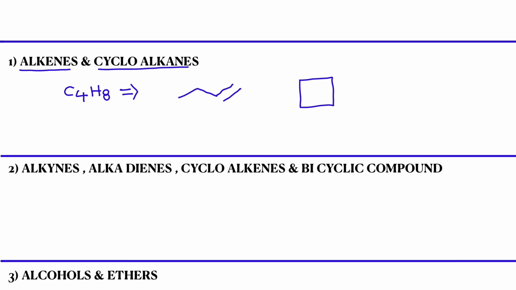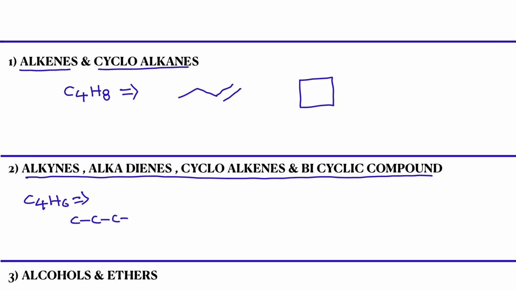And the second example: alkynes, alkadienes, cycloalkenes and bicyclic compounds. For example, here I am taking C4H6, degree of unsaturation is 2. We can write a triple bond, it becomes an alkyne.